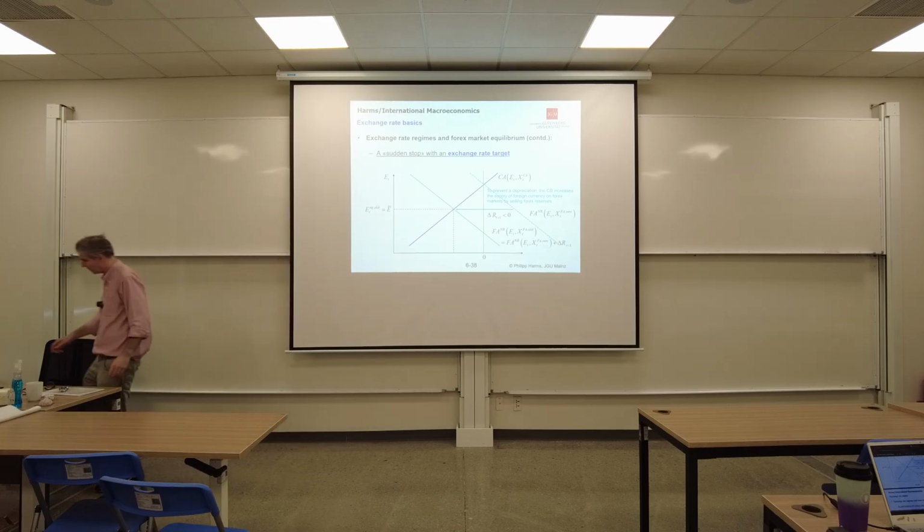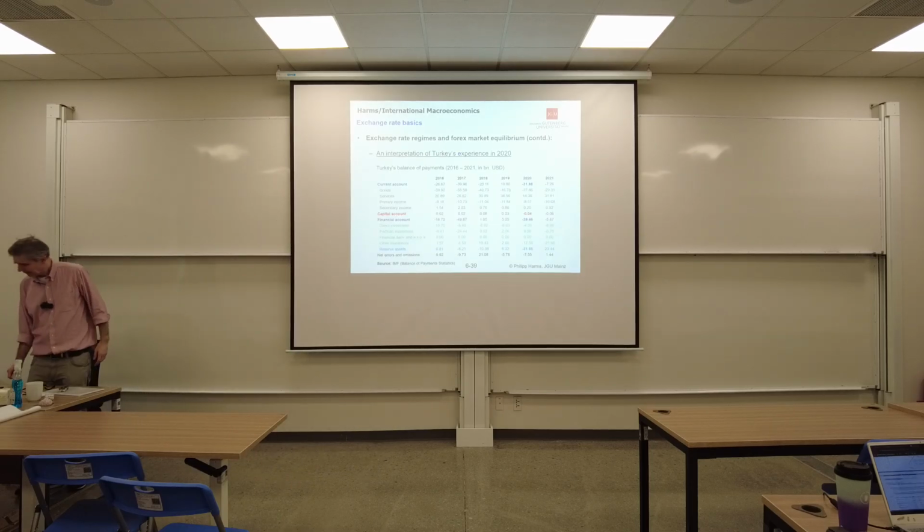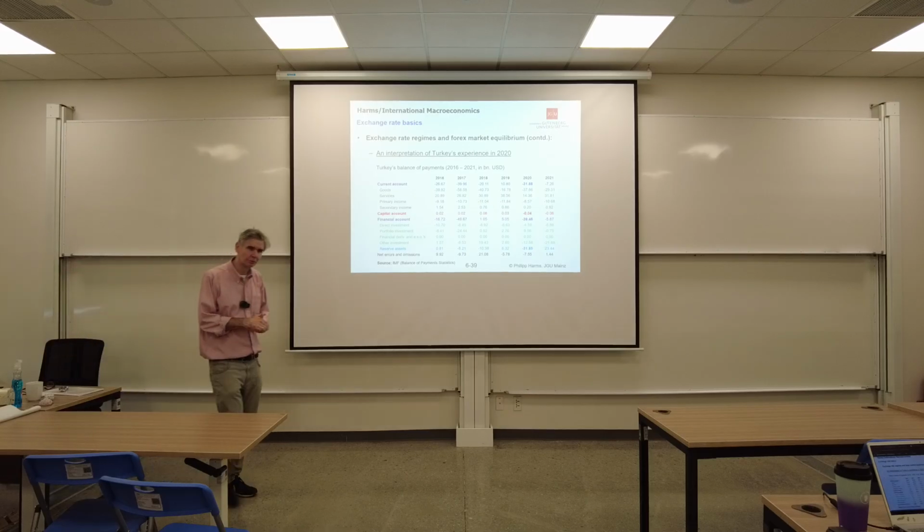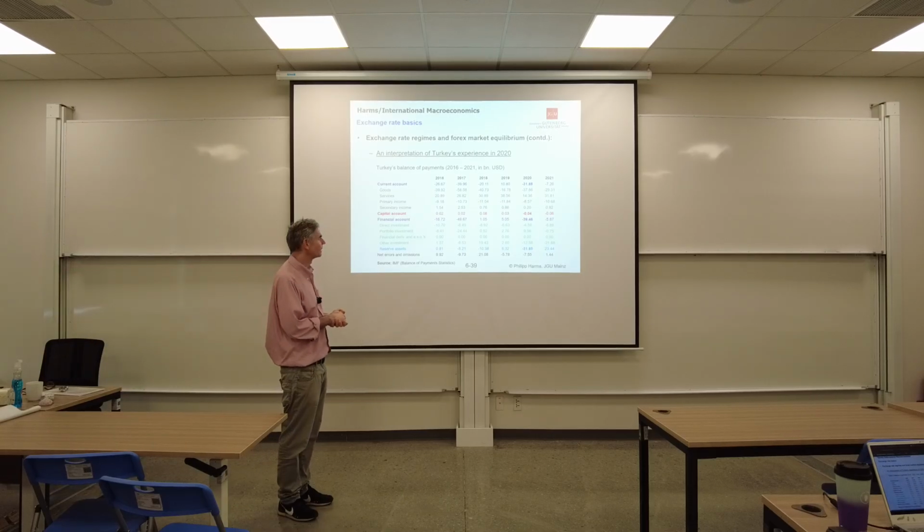Let me check. This is a beautiful example. Actually, it's not at all beautiful, but it's illustrating an important point. Now, what happened in Turkey in the year 2020? First, look at the current account.